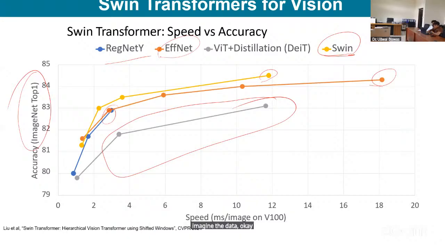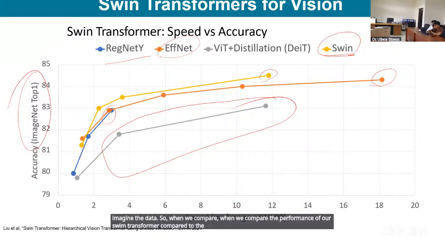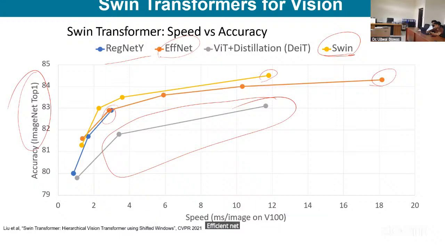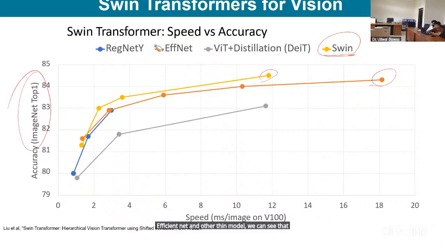So when we compare the performance of our Swin Transformer compared to vision transformer, as well as regular CNN models like EfficientNet and other CNN models, we can see that okay, the transformer model, which is the Swin Transformer, overcomes the accuracy versus speed.